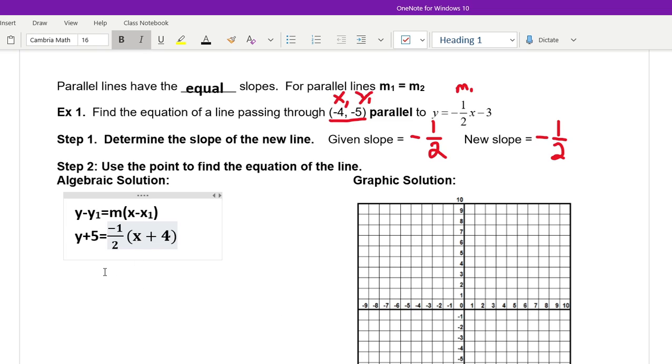So we create the equation y plus 5 equals -1/2 x plus 4.